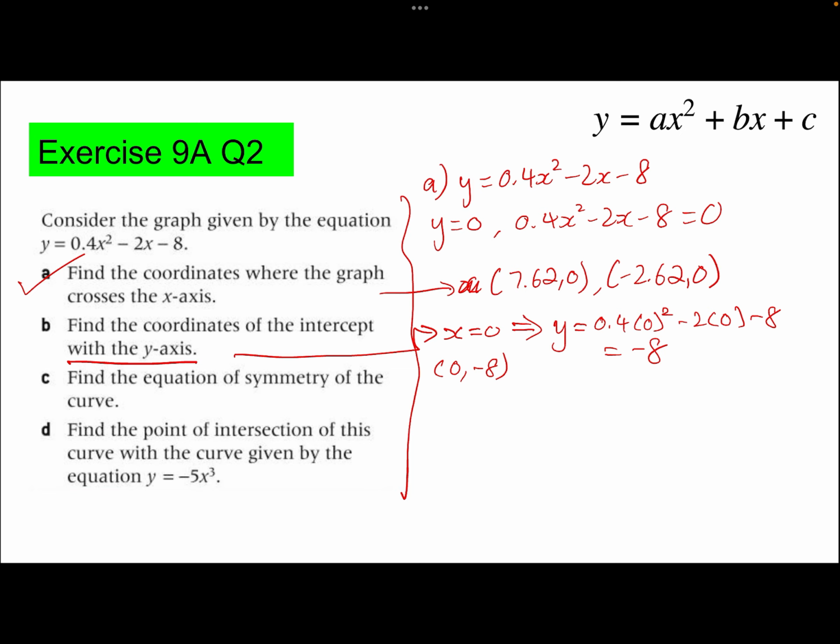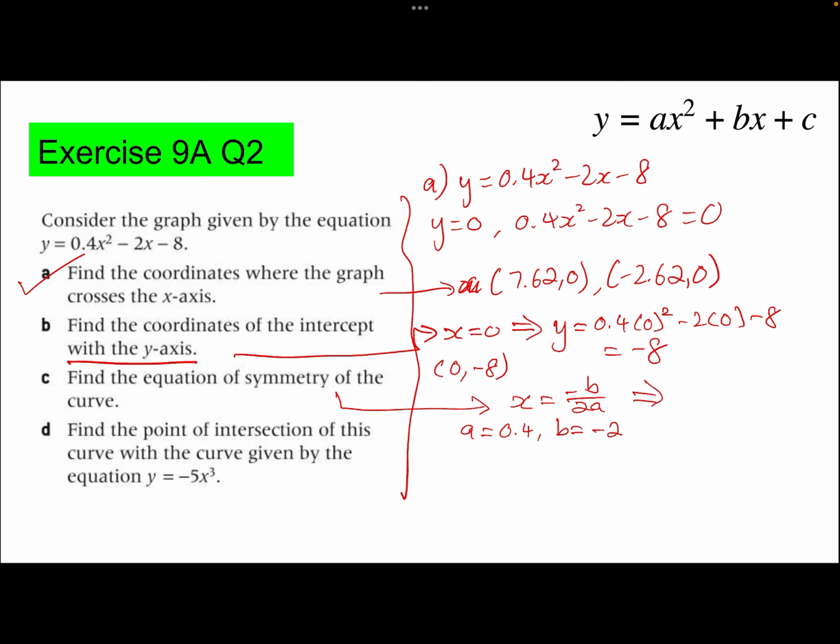Now, in part C, it says find the equation of the line of symmetry of the curve. Again, you could use the calculator or you could use the formula. In this case, I'm just going to show it with the formula, which is x equals -b/2a. In this case, a would be 0.4, while b would be -2.